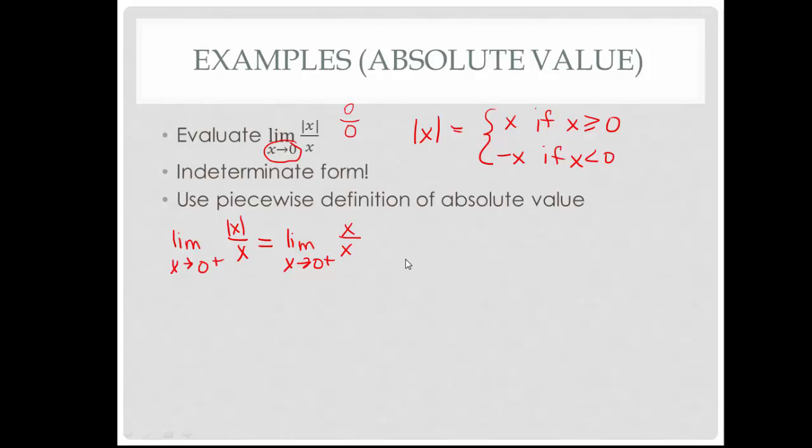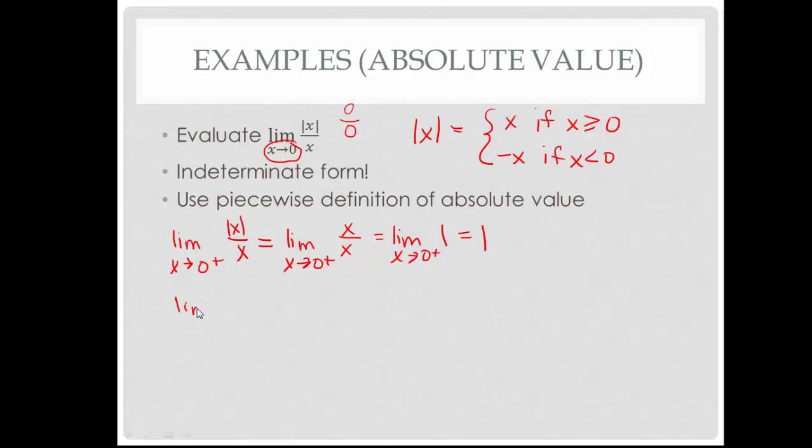So this is x over x. Well, at first glance, that doesn't help us. It's still indeterminate form of 0 over 0. So simplify again. Notice it's the same factor on top and bottom. They cancel and leave us with 1. And the limit of a constant is the constant. So the limit as x approaches 0 from the right on the absolute value of x over x is 1.